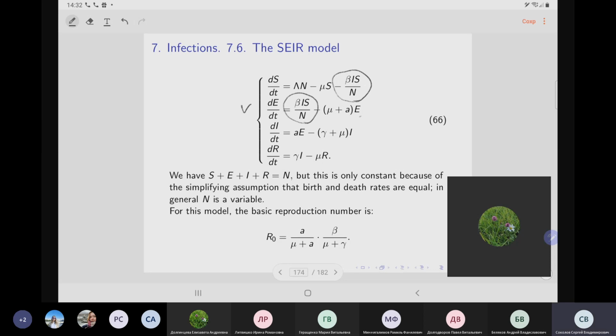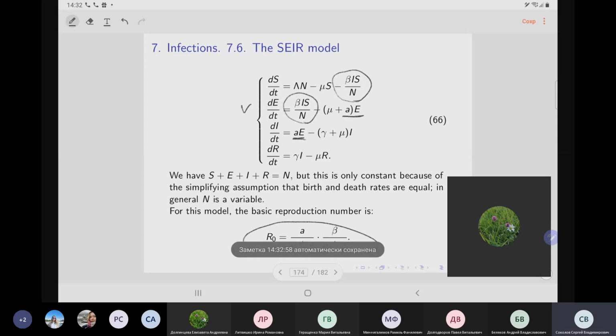And with the speed a, the exposed become infected. And as usual, one can calculate the basic reproductive number for this case. It will be equal to the product of two fractions, a divided by mu plus a, and beta divided by mu plus gamma.